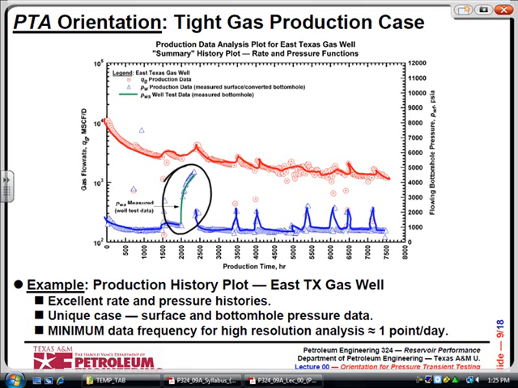This analysis is for that few hours or few days in the life. Are you going to get the same reservoir properties? Three options: yes, no, maybe. What's the answer?